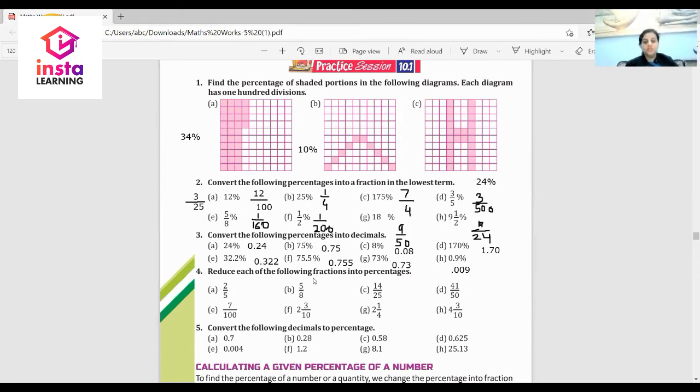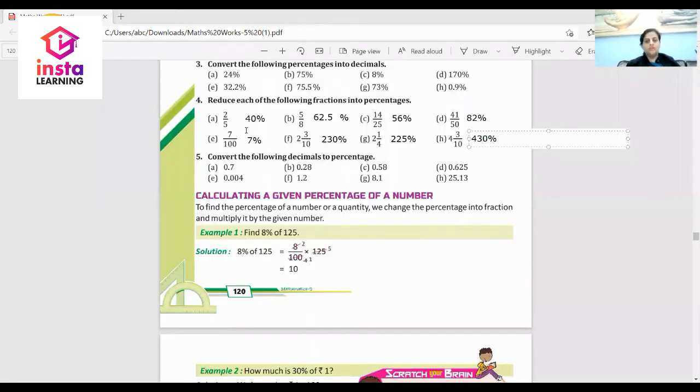Now reduce the following fractions into percentage. Okay students, now the fraction is given and we have to convert it into percentage. So what we are going to do is multiply with 100. Whenever a fraction is given, you just multiply with 100 and you will get the answer in percentage.